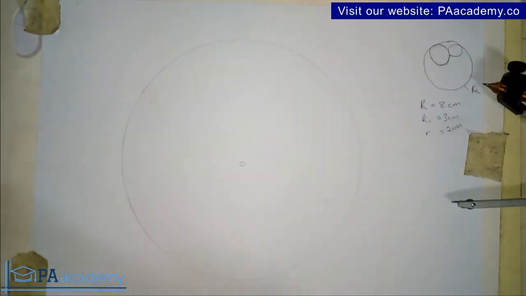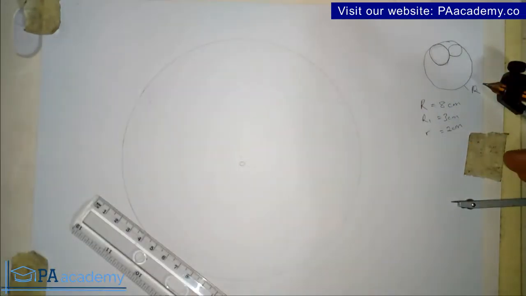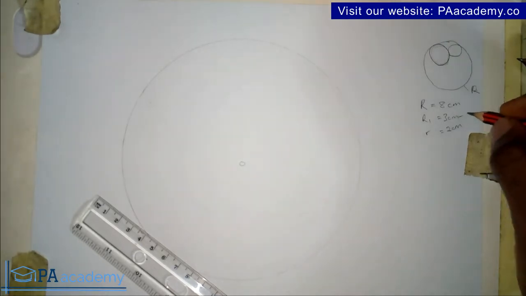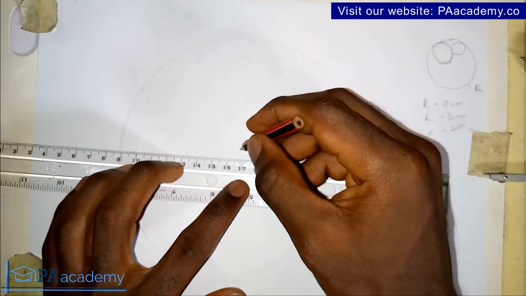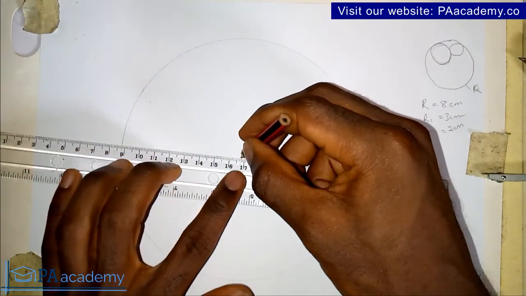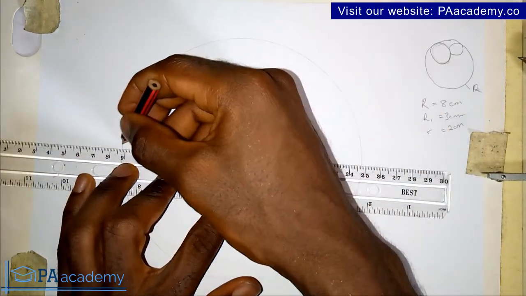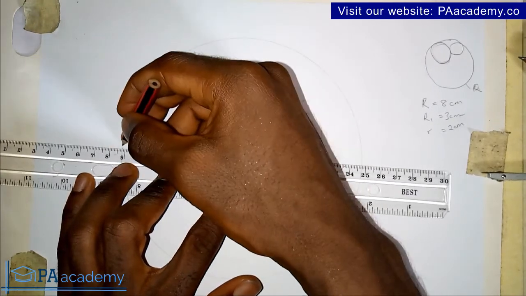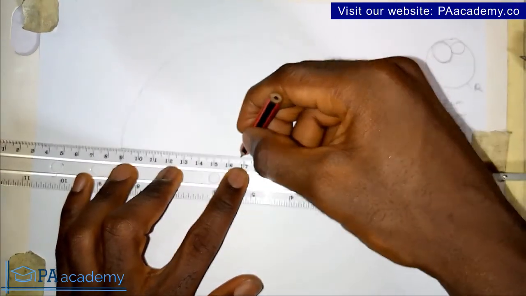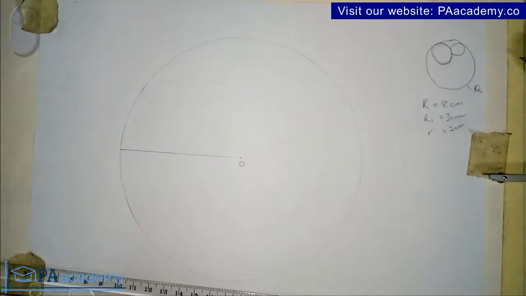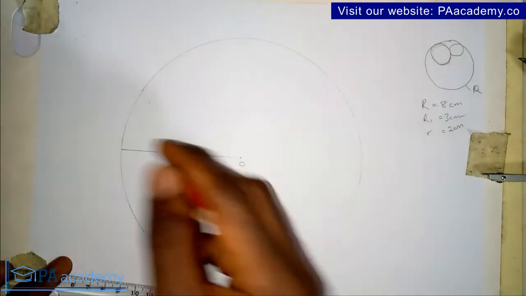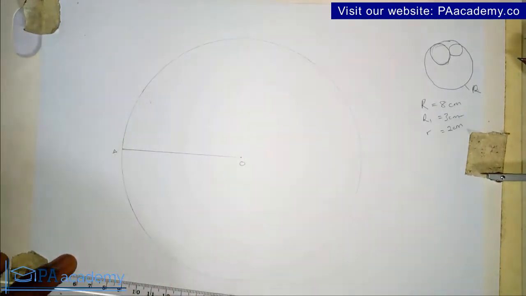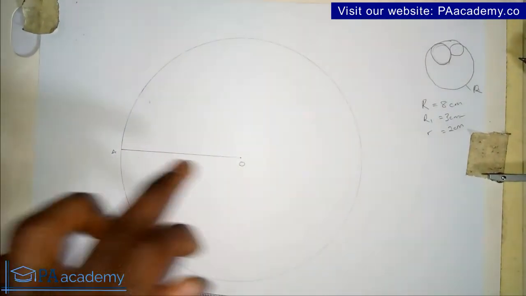The next thing now is to draw the second circle, which has a radius of 3 centimeters. Before we do that, let's draw out our radius. We have already drawn it. On this radius, let me call this point A. So AO is our radius.